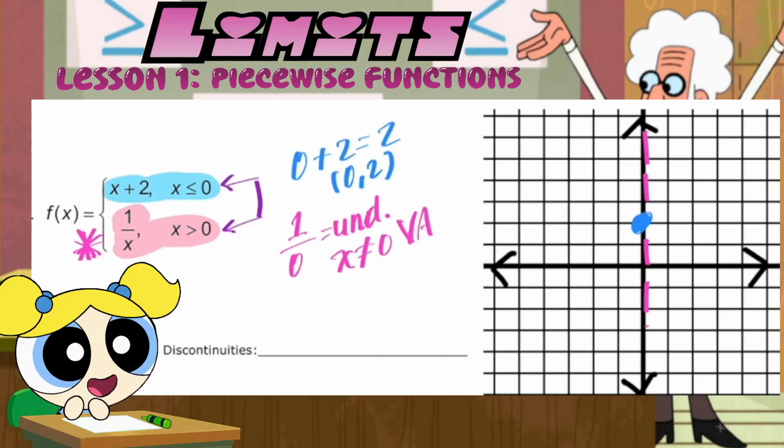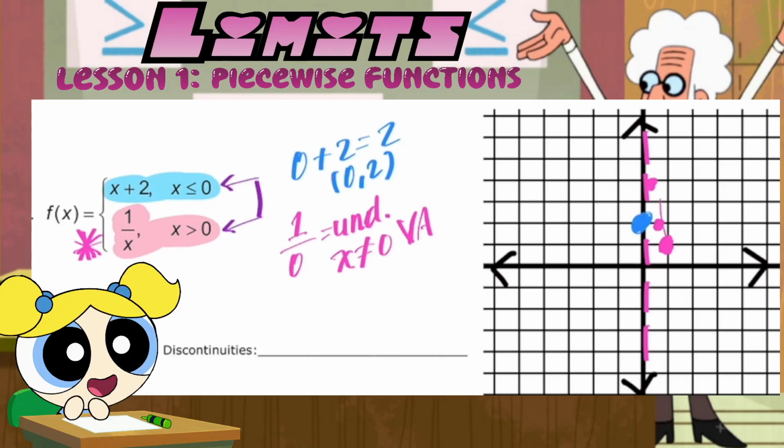Now some of you might think, well, it's not part of my domain, so I'm not going to draw anything for that graph there, but it doesn't really hurt to draw the asymptote because it's indicating it's not really a part of the graph, but it helps guide us draw the part of the graph right after 0. So it still is beneficial. If I fill in 1 for 1 over x, the reciprocal function, I get 1. If I fill in 1/2, I get 2. If I fill in 1/4, I get 4.